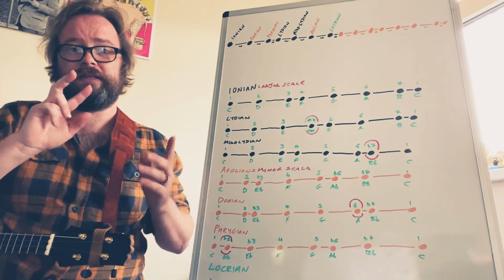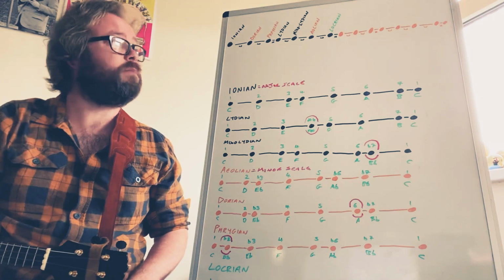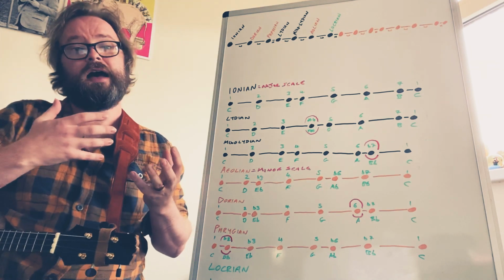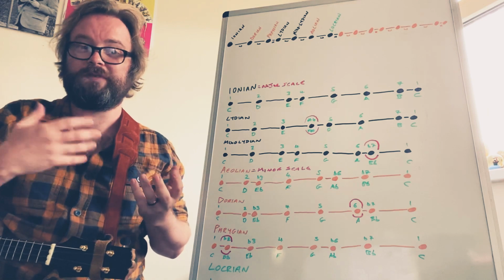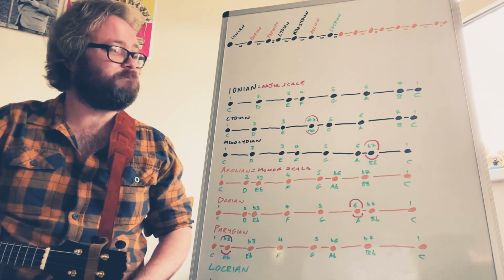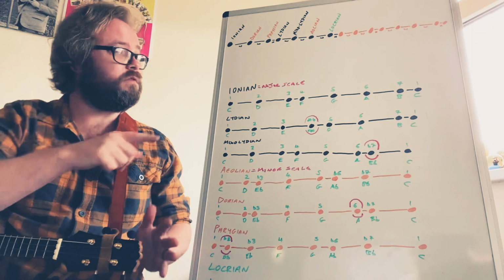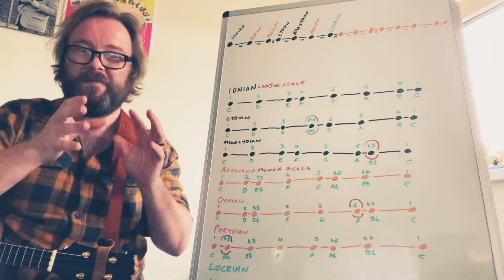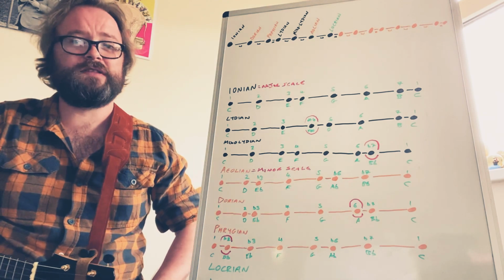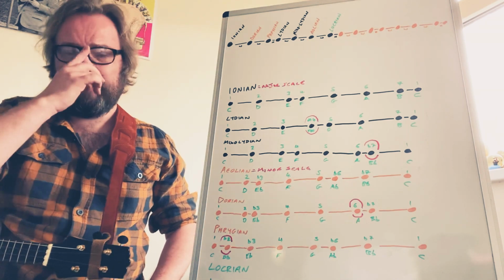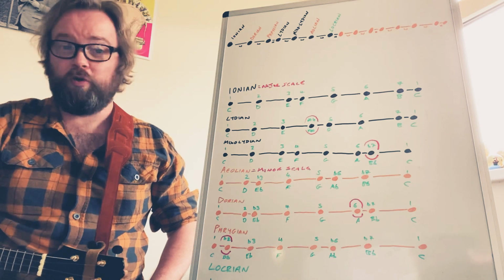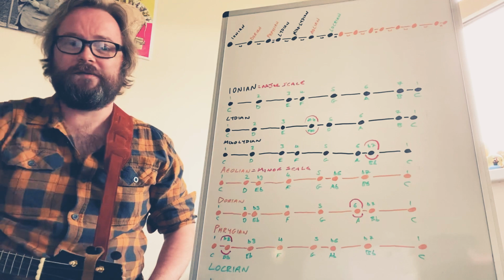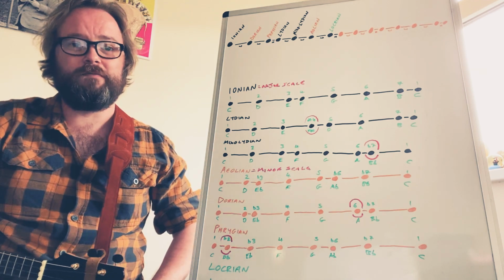Somehow over the years, particularly in modern popular music, we tend to create all of our chords and scales, in terms of what we solo with and create melodies with, out of just 2 scales, either the major scale or the minor scale, or some very minor variation of those 2. But in the olden days, people used 7 different scales to create music from, and these were called the modes.